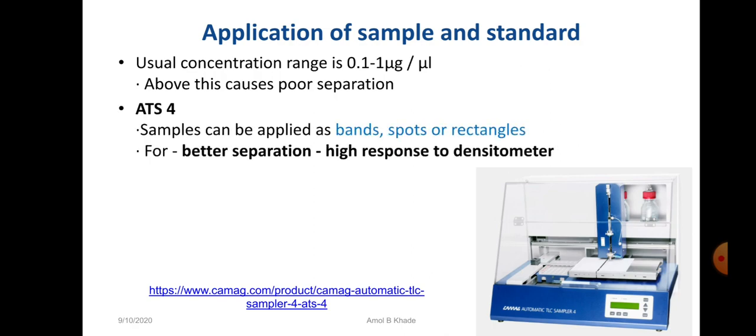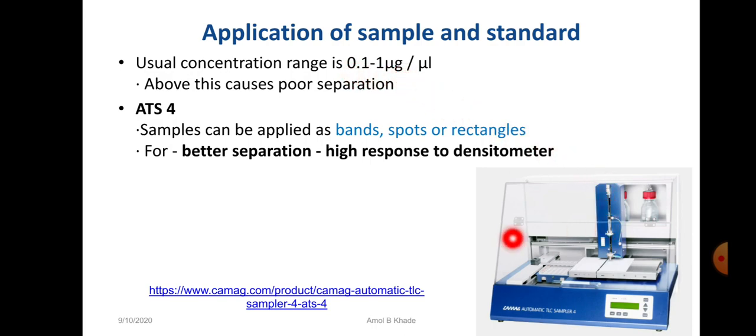So the next point is sample application or standard application. We have seen that usually the concentration range of sample we need to spot is 0.1 to 1 microgram per microliter, and above this concentration there is usually poor separation.